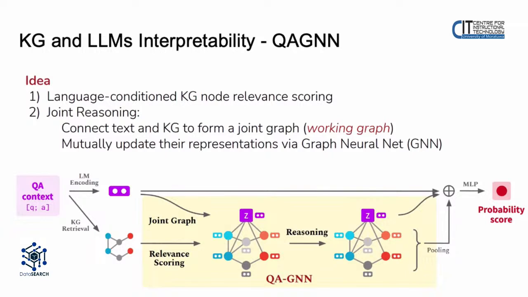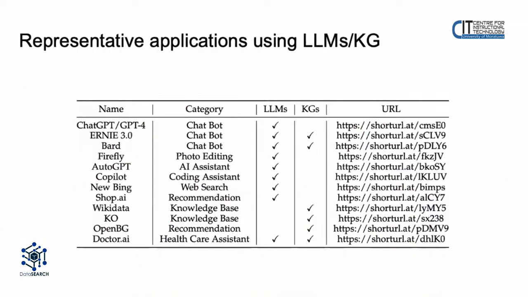So this is one model that combines language models and knowledge graphs to achieve this. But it's still in a very early stage. We have to apply this to the latest LLMs, and we are not there yet, as I said before.